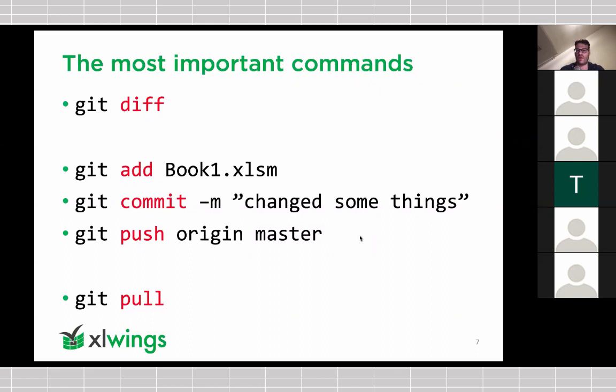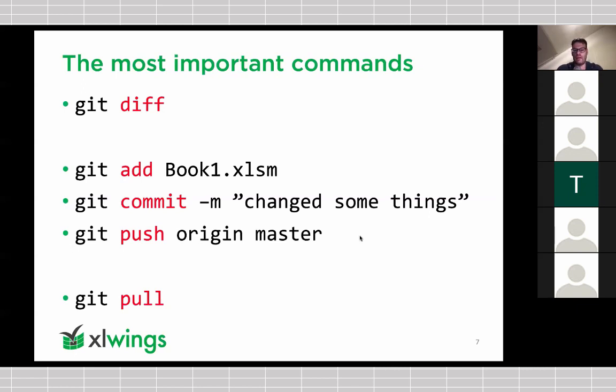Git add is really just to add your changes to the staging area. Then git commit is committing the changes and giving the whole change set a message of what's really changed. That's one of the most critical points. And then you push it to your remote, to GitHub, for example, or GitLab. And that's where other people can actually pull it again. So that's at the end.